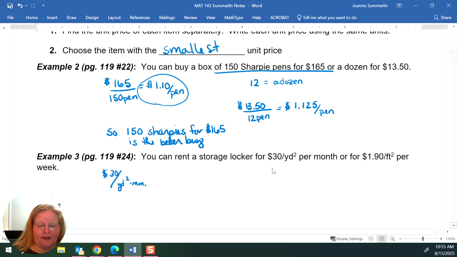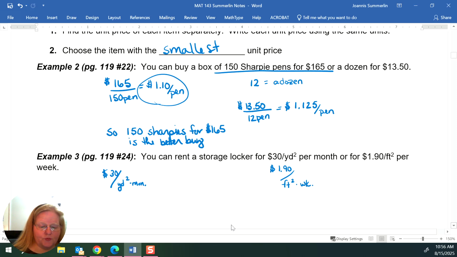The 1.90 has to go on top, per feet squared per week will go on the bottom. So all those things go on the bottom.